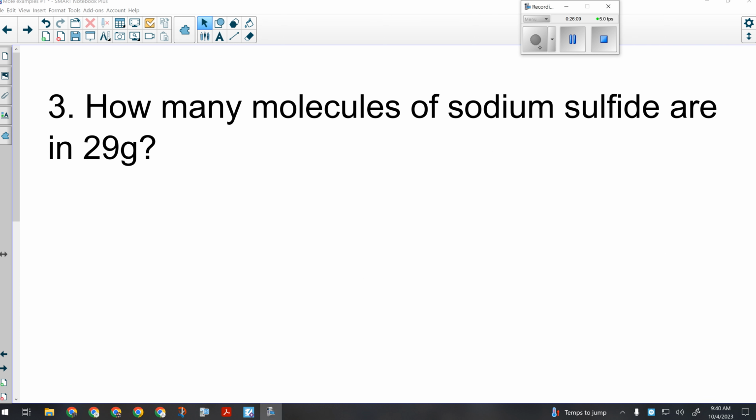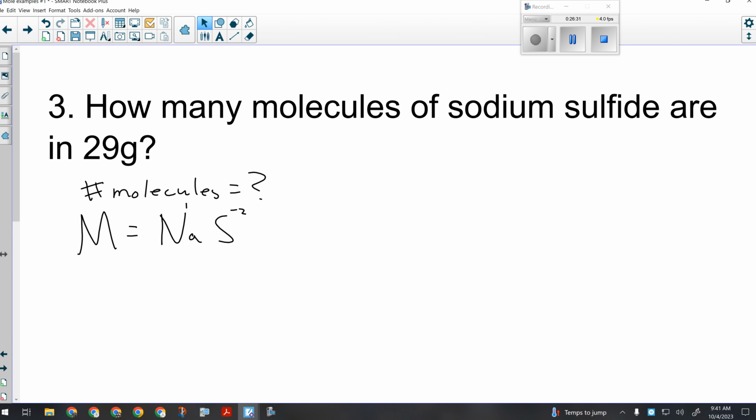Okay, so on number 3, the question's asking how many molecules? Is this gonna be one of the ones where we need Avogadro's number? Yes. It is. So it's looking for the number of molecules, so that is our question mark in our givens. It's sodium sulfide, so that'll help me with M. Na with S. This is a -2 and this is a +1, so we're looking at Na2S.